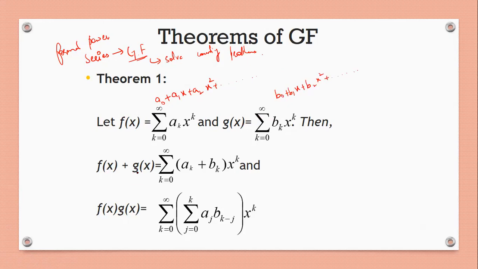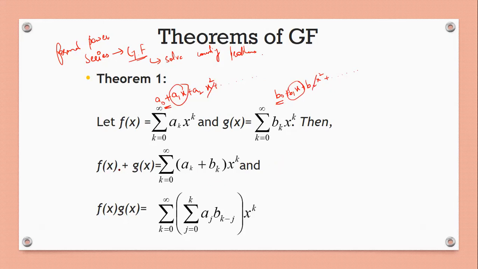Then what will be f of x plus g of x? We add the coefficients which have the same power. So a0 plus b0, then a1 plus b1 into x, then a2x square plus b2x square. Similar coefficients are added, as you already know from studying mathematics.